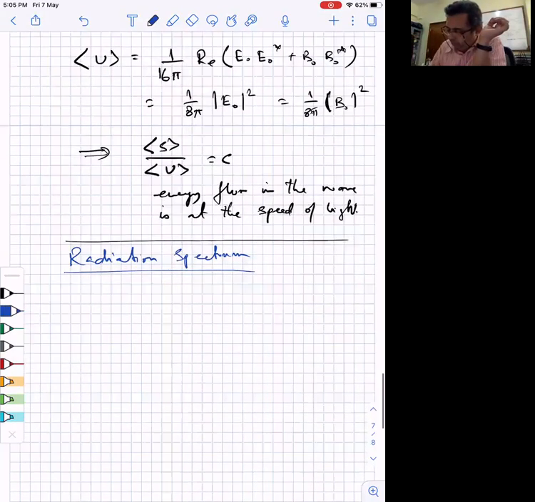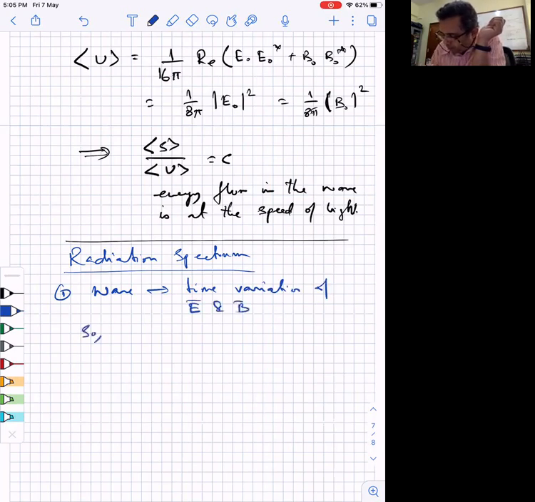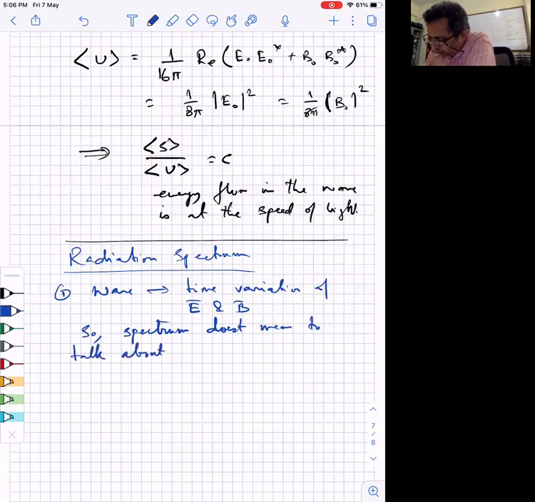So the first thing that I want to write is that wave means time variation of E and B. So for spectrum, it doesn't make sense to talk about E or B at an instant of time.